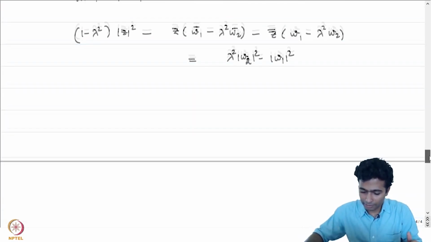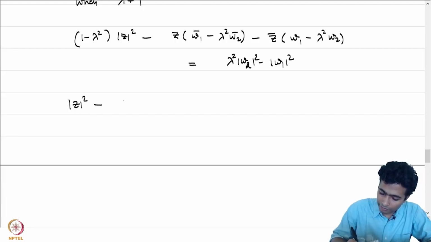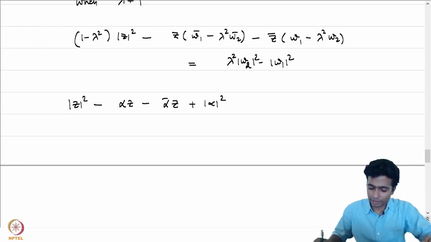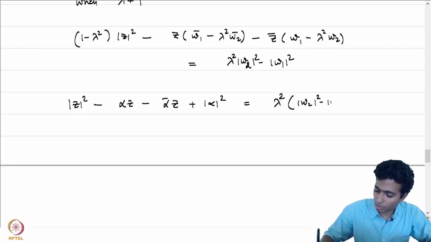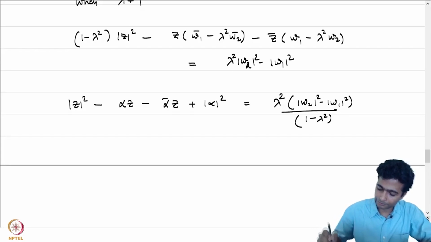Let's divide by 1 - lambda^2 to get |z|^2 - alpha z - alpha bar z bar + |alpha|^2. Let me write it down so that I can complete the square. This is equal to (lambda^2 |w2|^2 - |w1|^2)/(1 - lambda^2) + |alpha|^2.